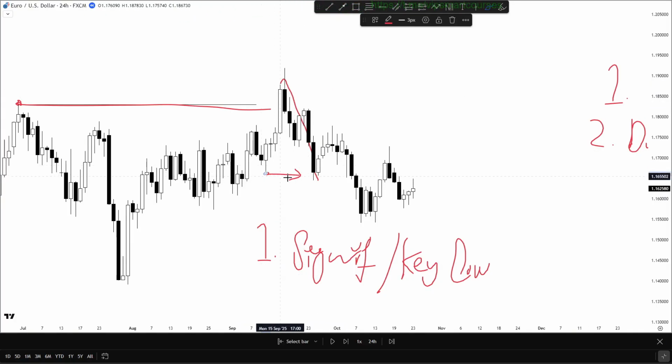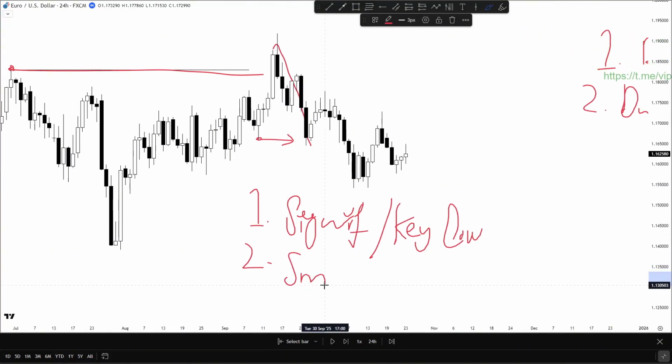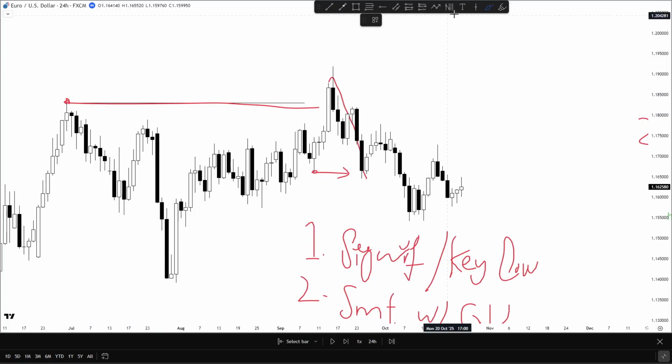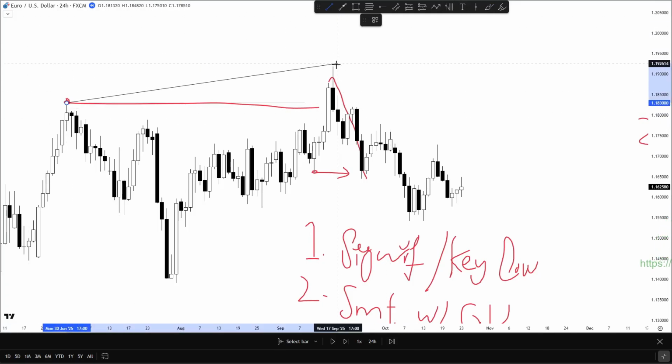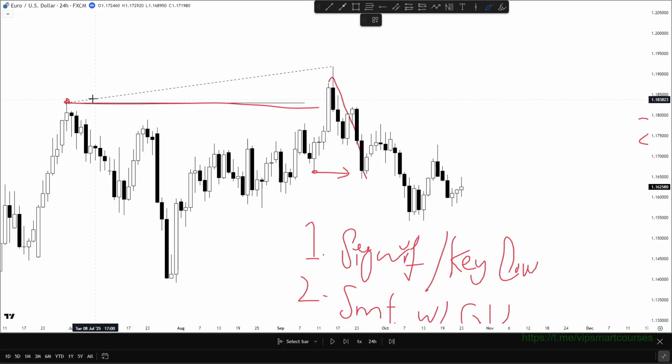But obviously that's not the only reason. The second reason is that we had an SMT with GU. You can see that EU took out this high, but GU failed to do so, and that led to non-symmetrical price action between the two correlating assets, and that non-symmetry led to a divergence between them.